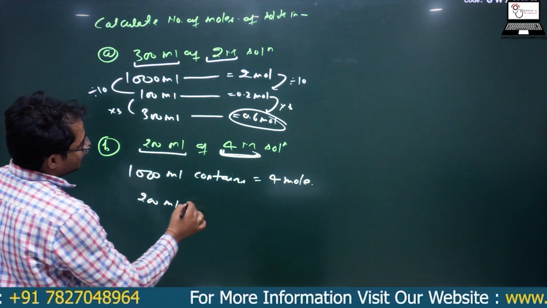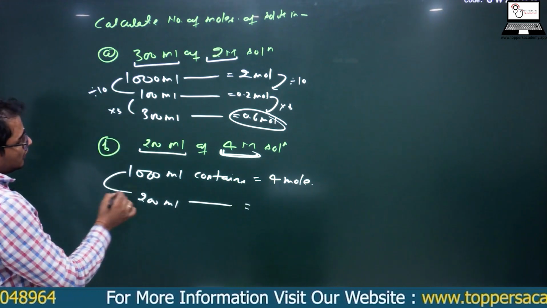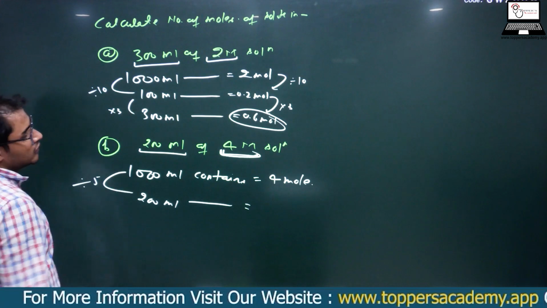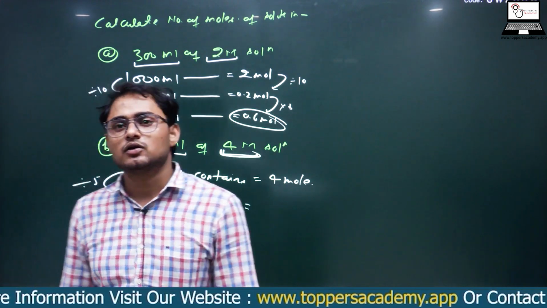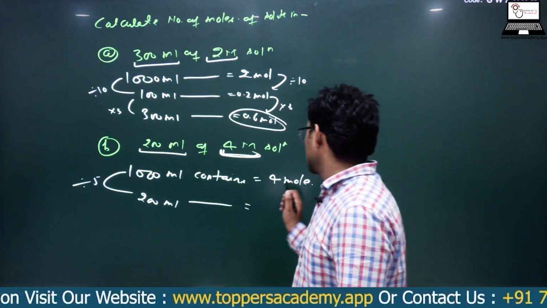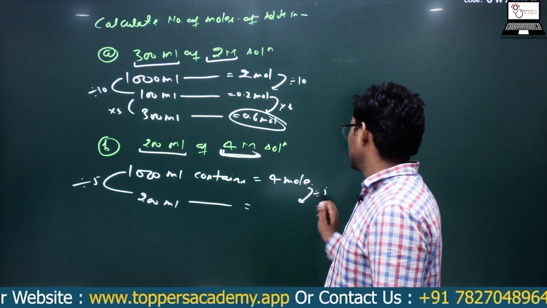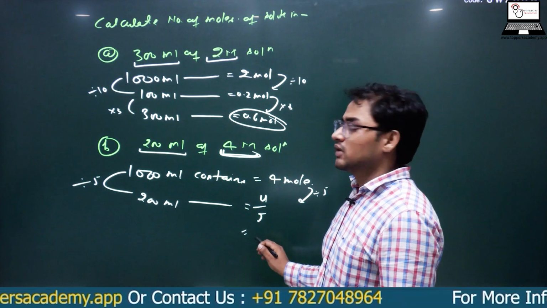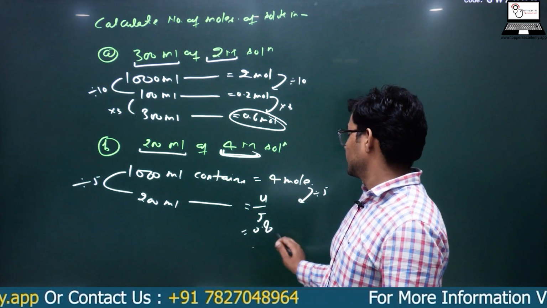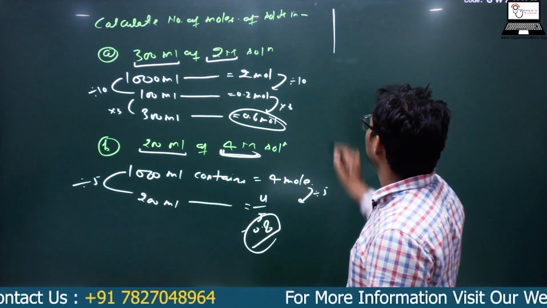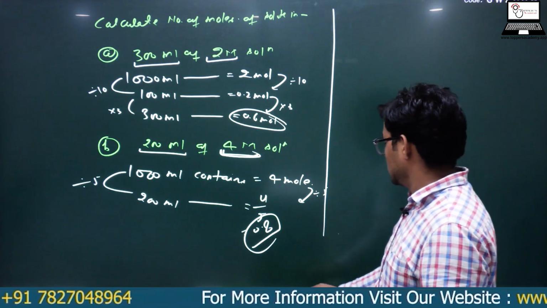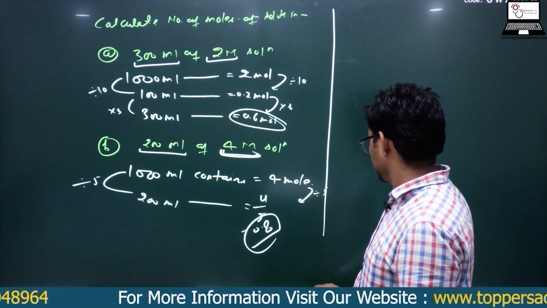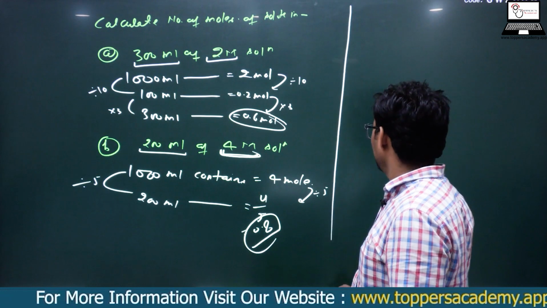So 200 ml will contain, my dear friends, you are going to divide here by 5, because if you divide 1000 by 5, you will get 200. So obviously this will also be divided by 5. 4 divided by 5, 5 eights are 40, that means 0.8 mole of solute will be present. I hope this is clear to you, right?